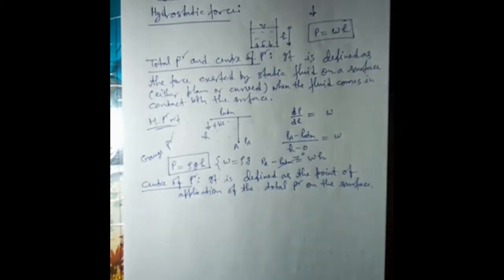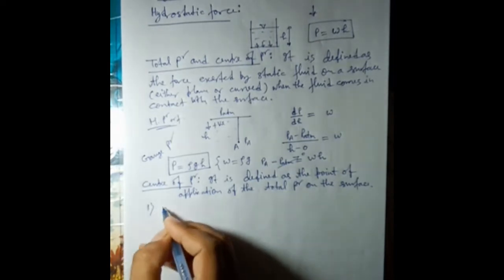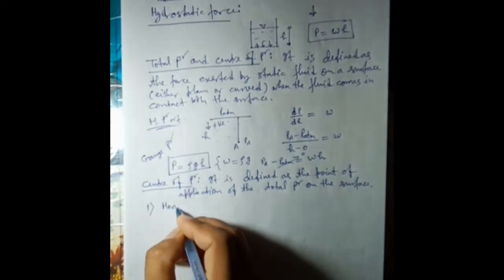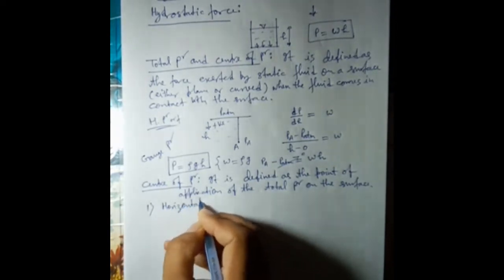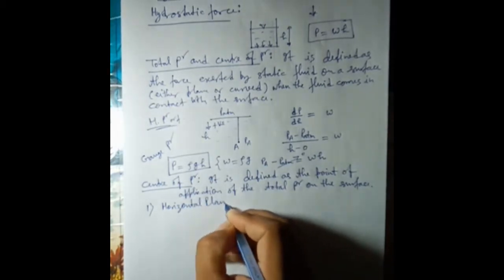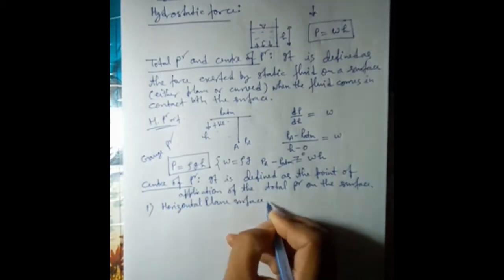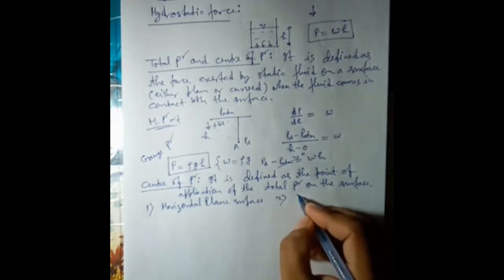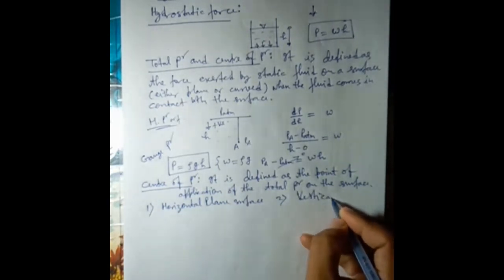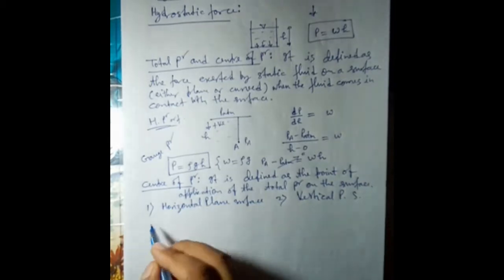Now we shall discuss the total pressure exerted by a liquid on an immersed surface. The immersed surface is of many types, which are the following. Number one, horizontal plane surface. Second, vertical plane surface.